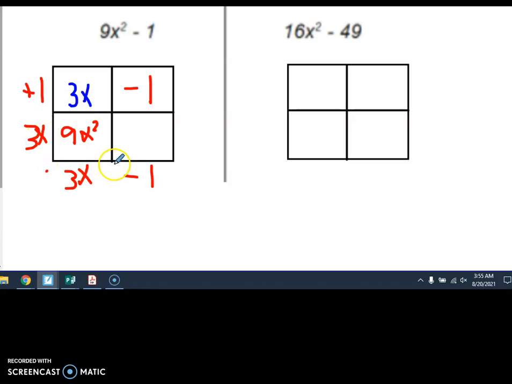And if I take 3x times negative 1, I'll get a negative 3x here. So that when I add the x terms together, just like the previous 2 problems, I'm going to get a 0 because I have 3x and negative 3x. So the two factors are 3x plus 1 and 3x minus 1.